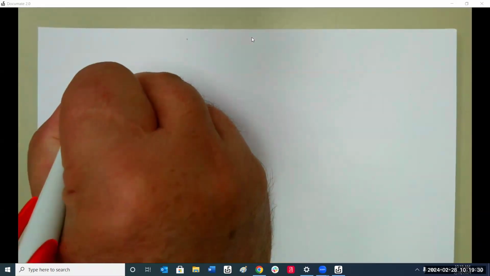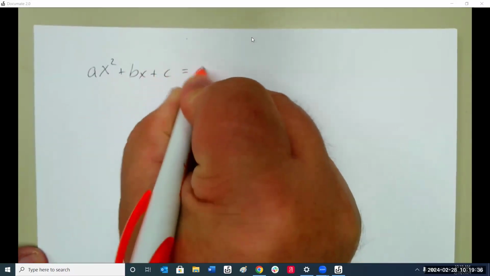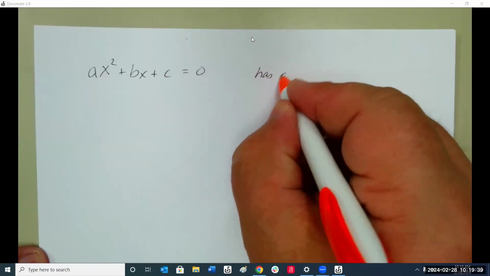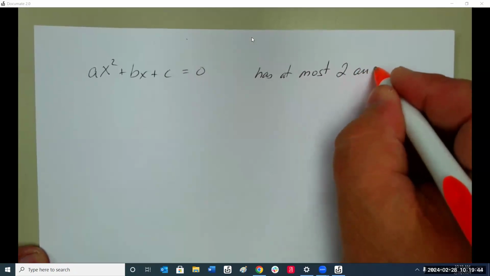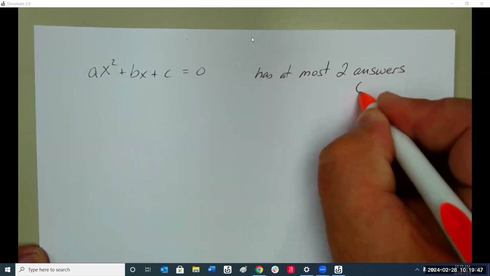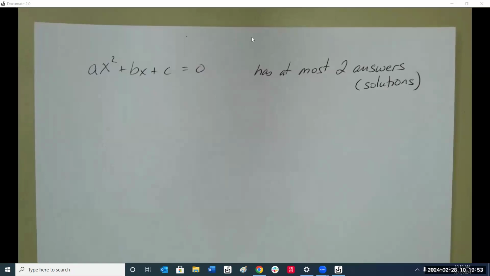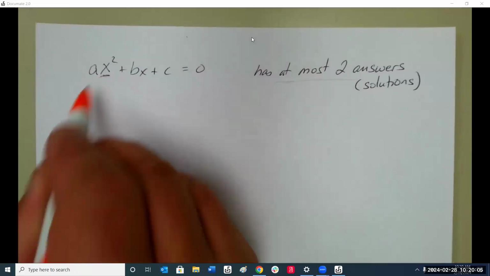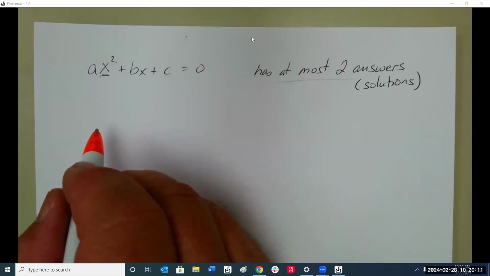Now, we know that ax squared plus bx plus c equals 0 has at most 2 answers or solutions. Why is that? If it's at most 2 solutions, what are the other possibilities? What is the graph of x squared?